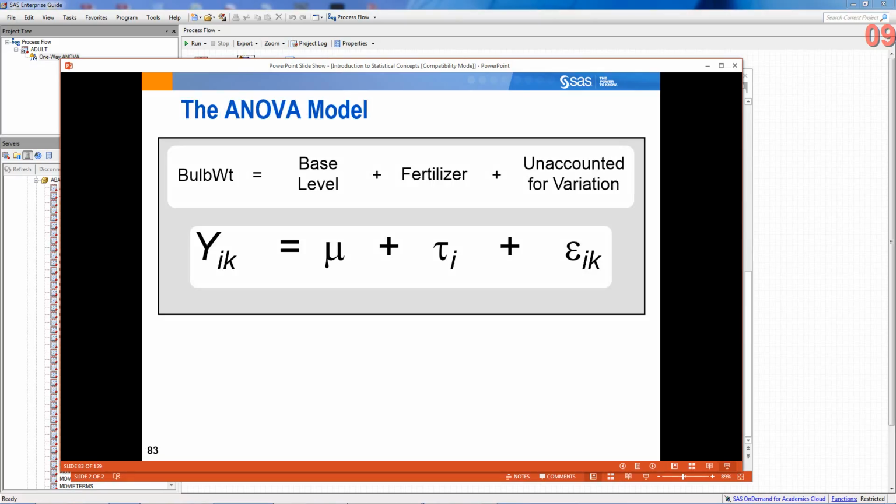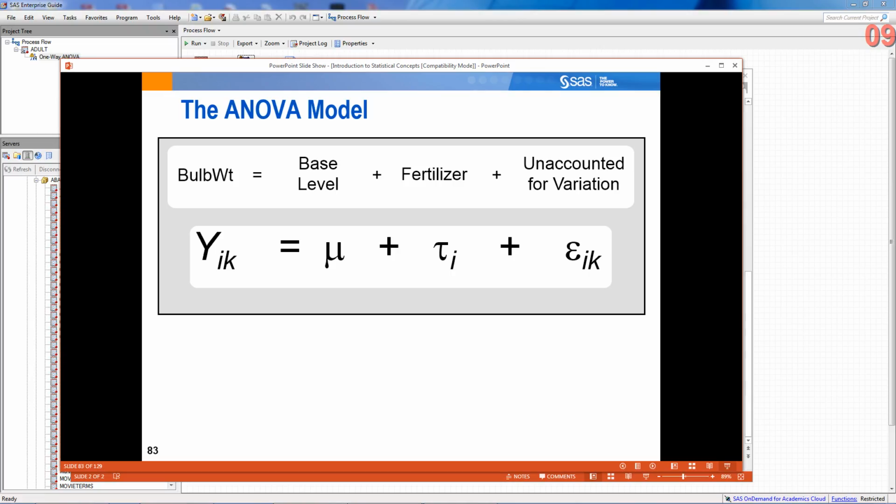And the ANOVA model itself is represented using a mathematical model like this. The dependent variable is always known as Y, and the subscript I refers to which fertilizer, which group you're talking about, and K represents the index within the group.